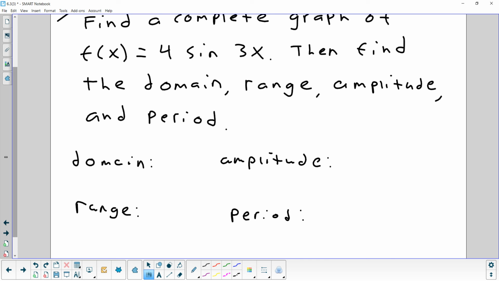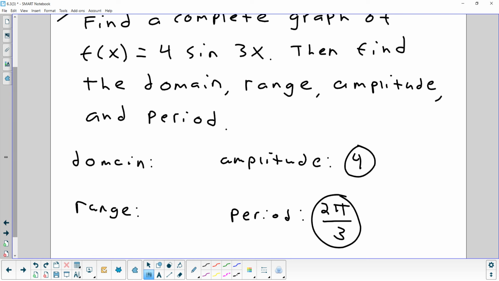Francesca? 4. Okay, so we got that. How about the period? What's the period going to be, Jake? It would be 2 pi over 3. Yep, it's 2 pi over b, but in this case, b is 3.